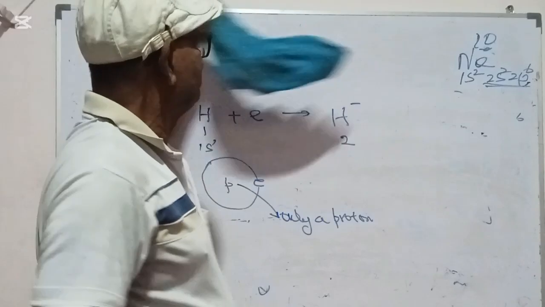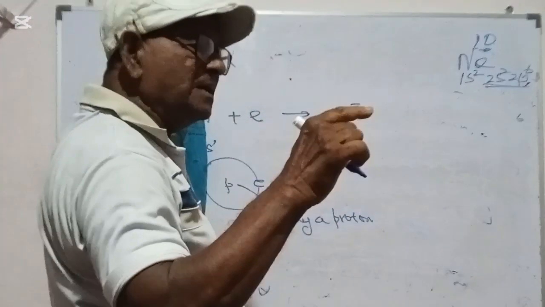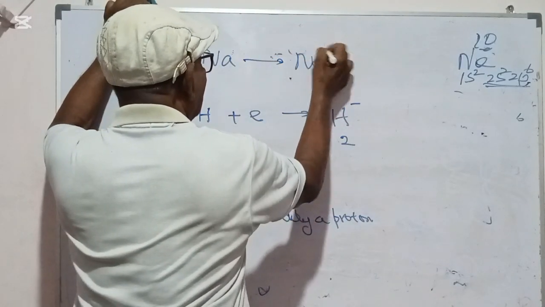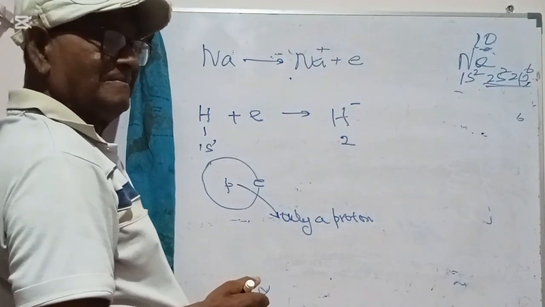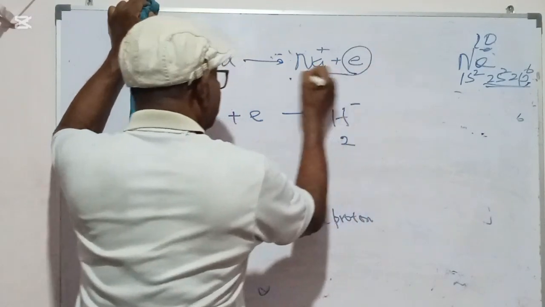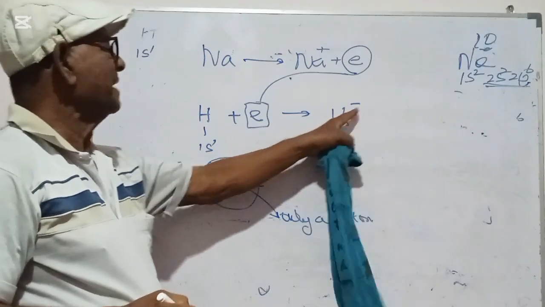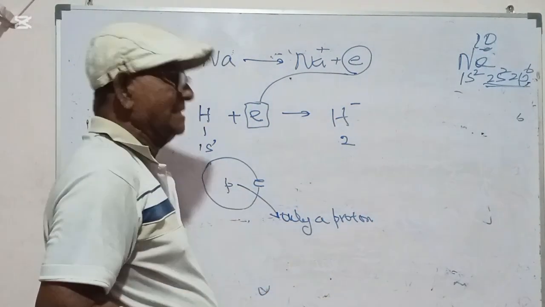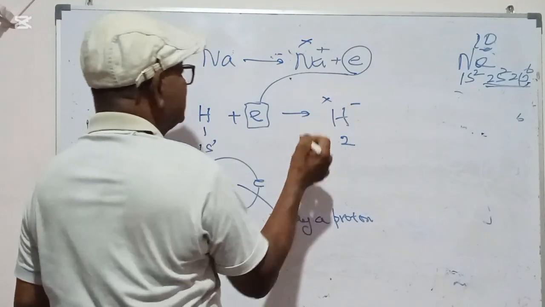Then see here, when sodium comes to form a positive ion, it removes one electron, forming the Na+ ion. Then it is clear that that electron can be taken by hydrogen to form H-. Then what will happen finally? Thus Na+ H- are formed.